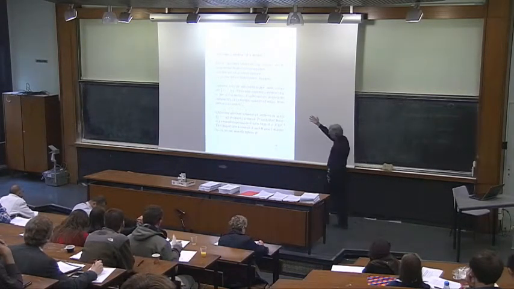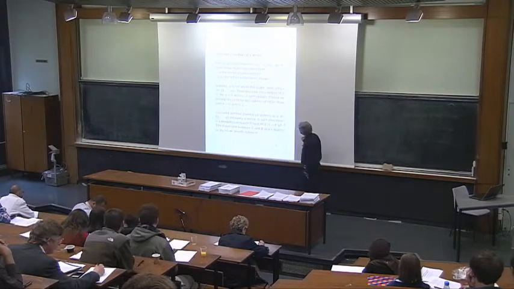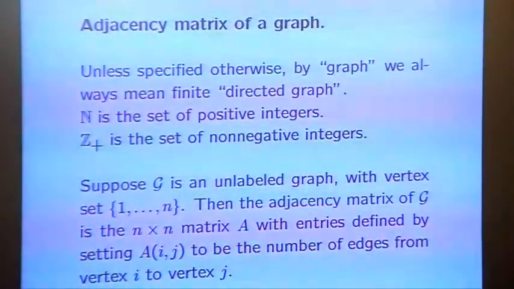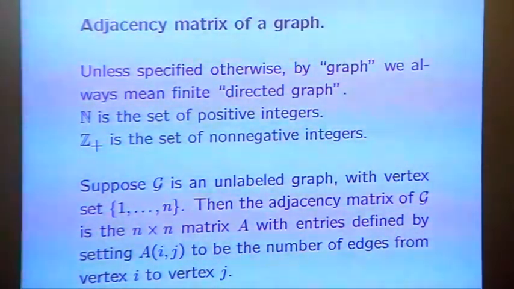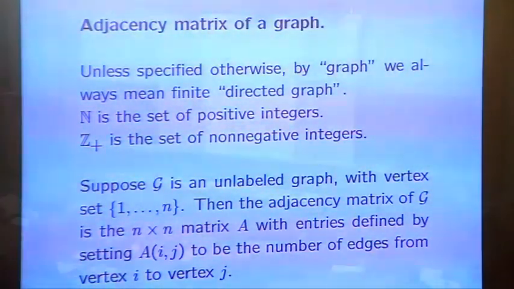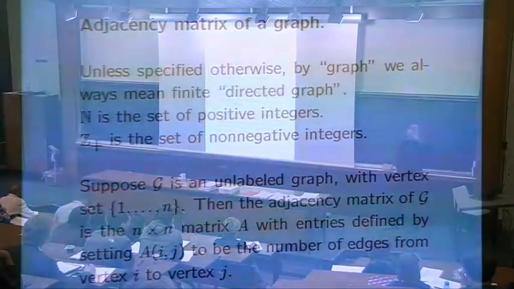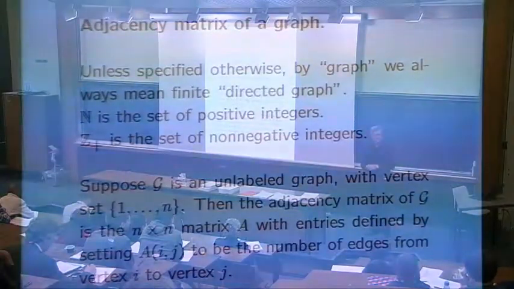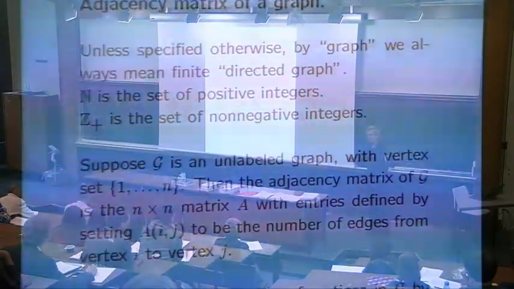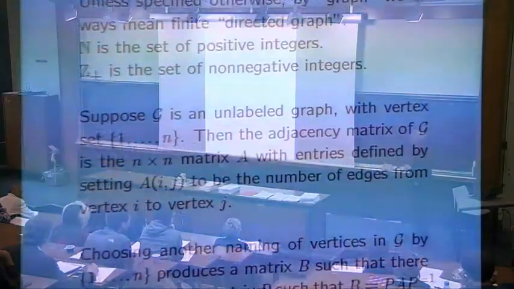I'll let the bold N be the set of positive integers. Z plus is the set of non-negative integers. So I'm using the American convention here that the natural numbers are the positive integers, and not the French convention that they're non-negative integers. For some time I thought this was good, but then I come here and I see floor 0, and I think, well, maybe there's a better mathematical culture in the country of France. 0 is more natural.